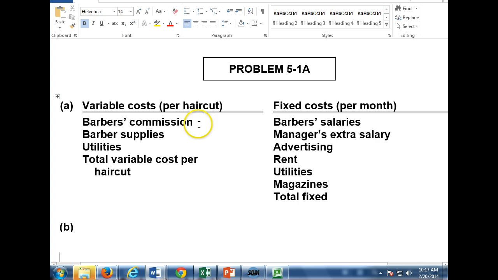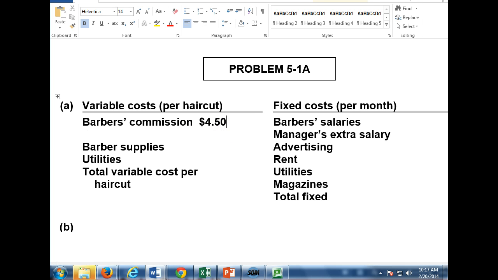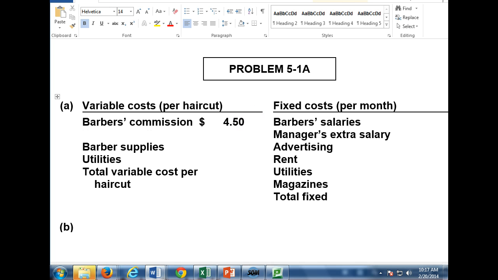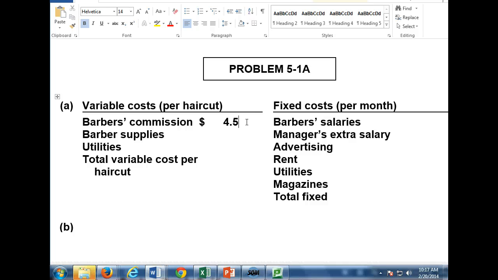So let's look at this. Variable cost per haircut, our commission is how much? $4.50. Our barber supplies, 30 cents.